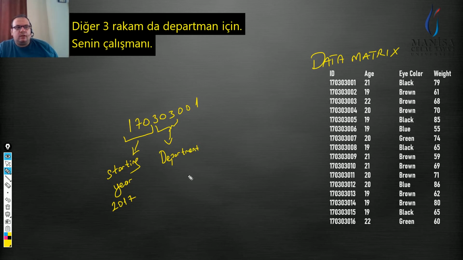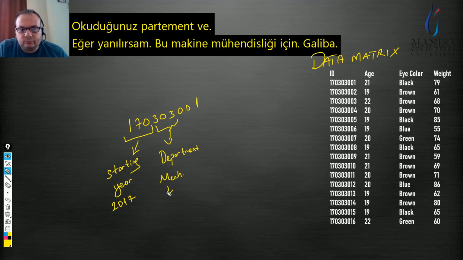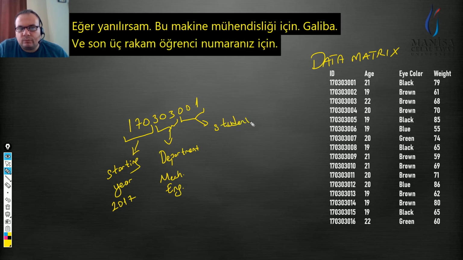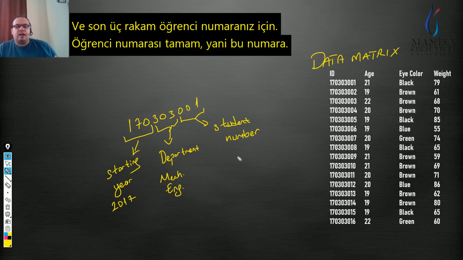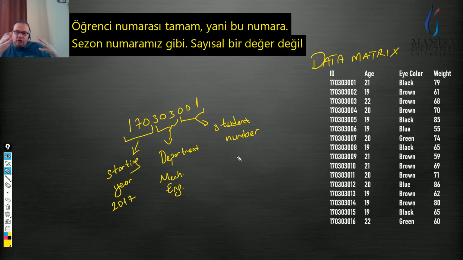And if I'm not wrong, this is for mechanical engineering, I think. And the last 3 digits are for your student number. So this number is like our citizen number. It's not a numerical value. Each combination of this coding is for just one student.